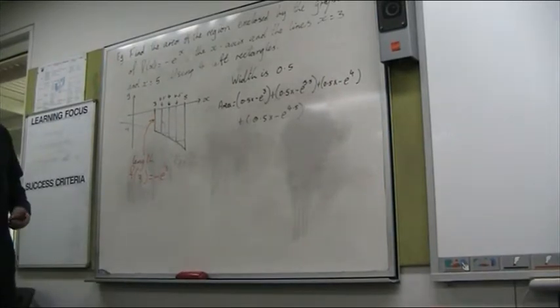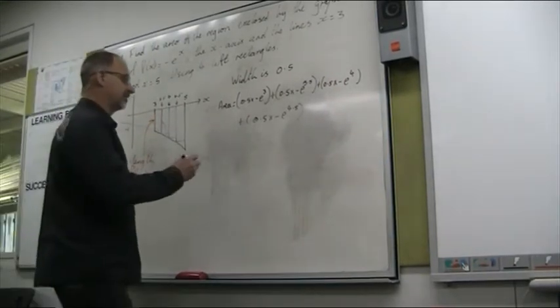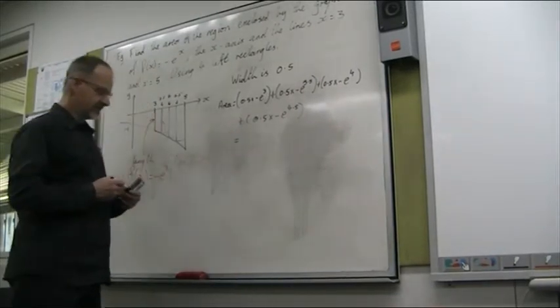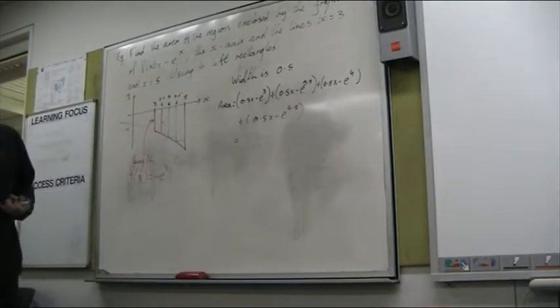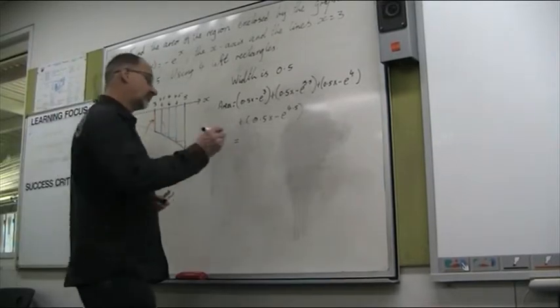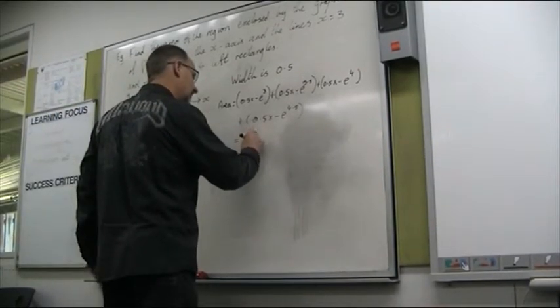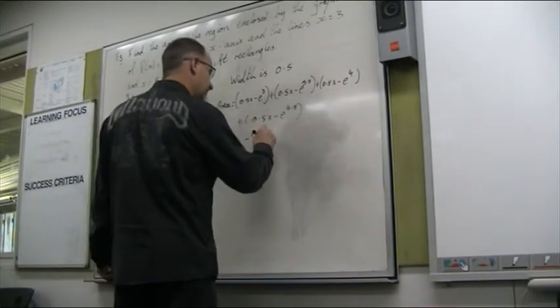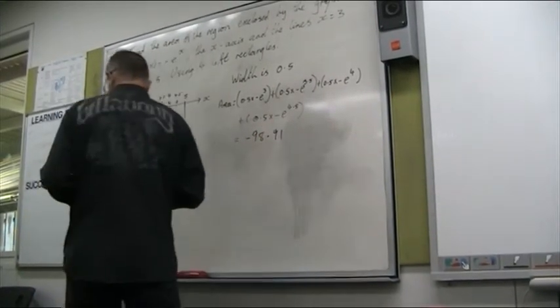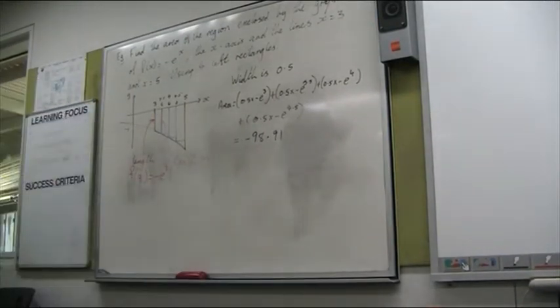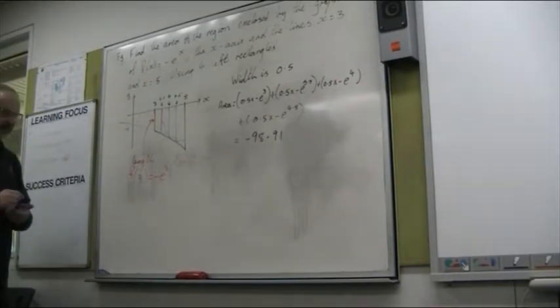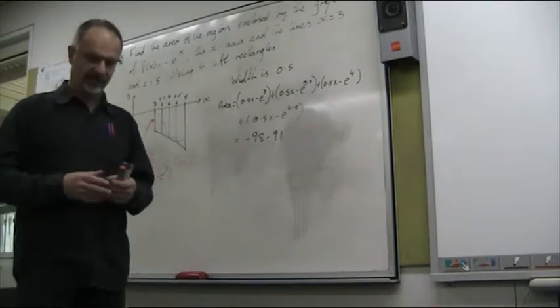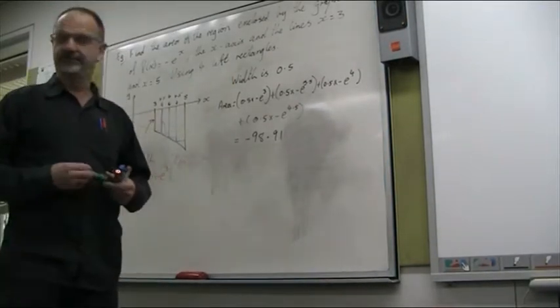With something like this, you would need to follow the directions of the question, but if you work it out in decimals, you get negative 98.91. So we've got a negative area. That's unfortunate. Can anyone identify what that negative might represent?